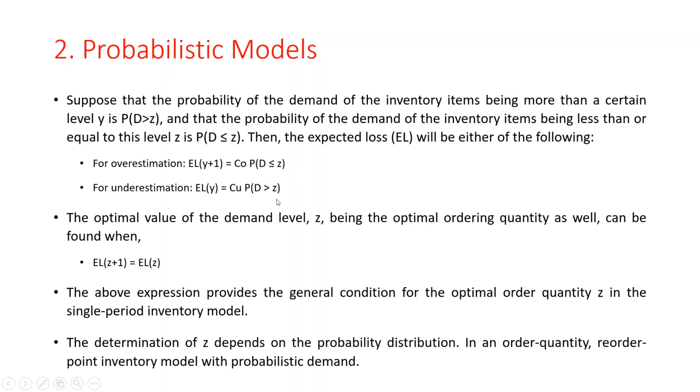If our Z value is less than the demand value, this is underestimation. So the determination of Z depends on the probability distribution. This is the first type of probabilistic model, that is the single period inventory model.